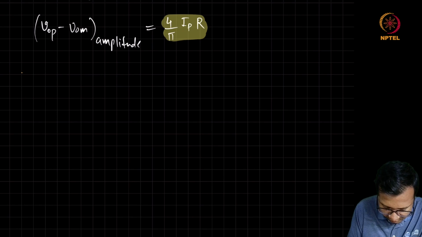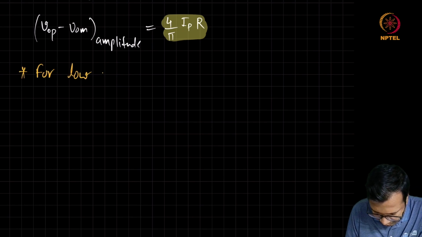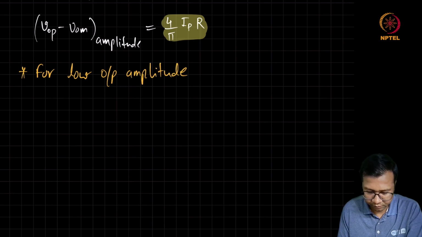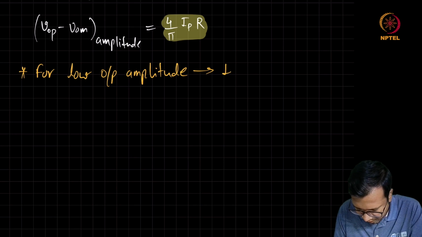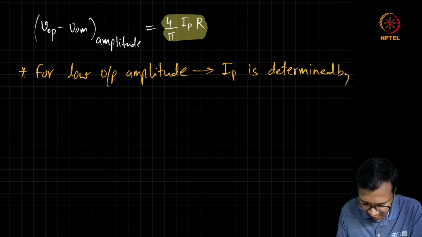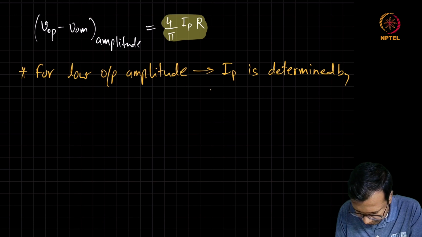Now here we can note that for low output amplitude, this IP is determined by the tail current I0.